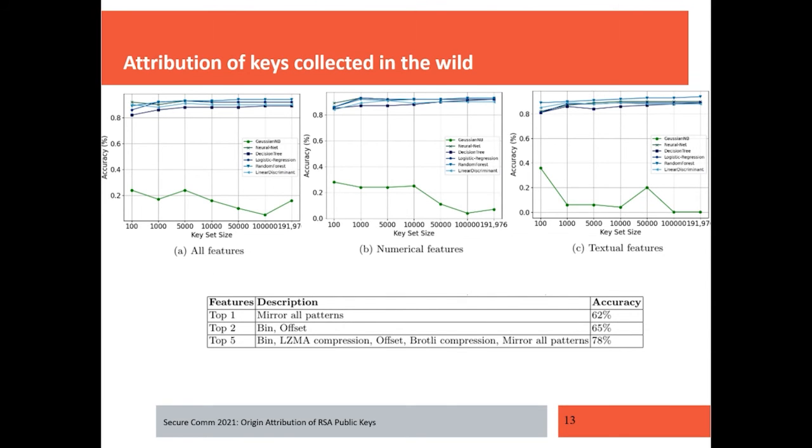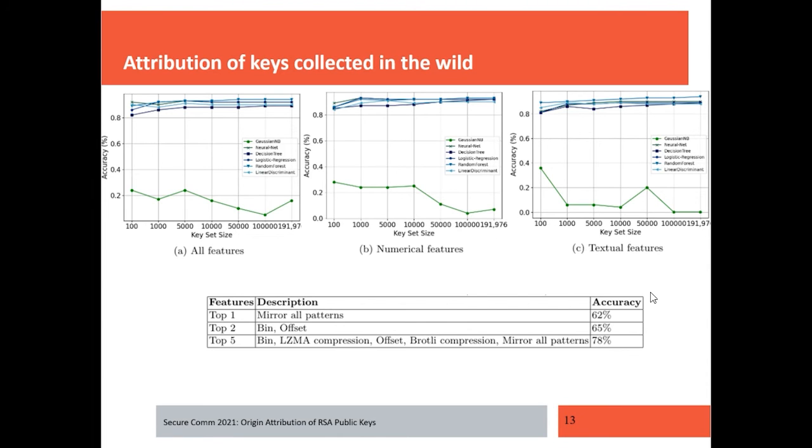We tried to run the experiment with different sets of features in order to see which set of features has the most impact on the accuracy. As we can see, for all features, numerical features and textual features, we get somewhat similar accuracy. The best accuracy we got is 95% for all features and all textual features.